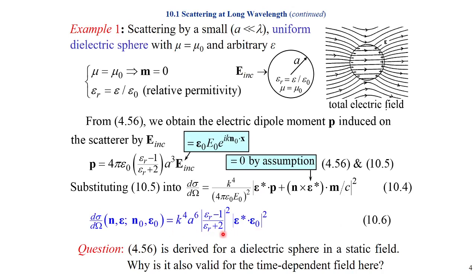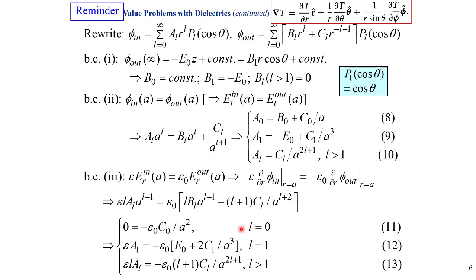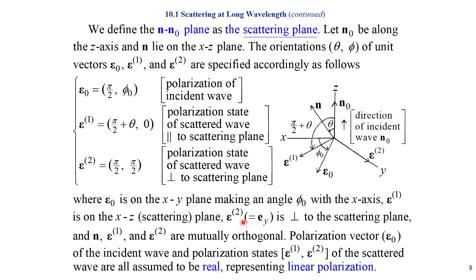Okay, so next step, we will define epsilon star and epsilon zero to give you a clear understanding about these two vectors. We define the n, n dash, n0 plane as the scattering plane. That is, the incident wave is in the z direction.